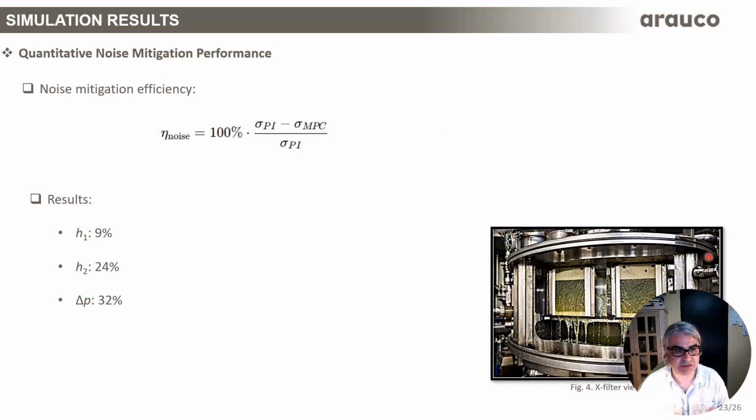Transient tests further highlight the dynamic superiority of MPC. When the upper level is disturbed at 40 seconds, MPC reaches steady state more than 11 seconds faster than PI. Similar improvements are observed for pressure differential and outlet level disturbances.